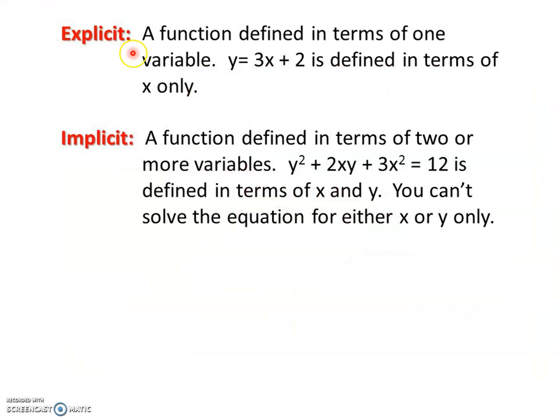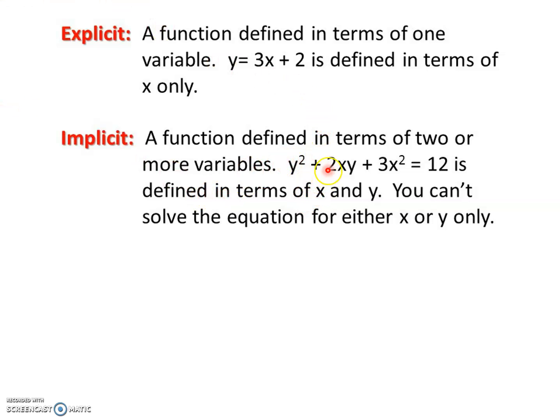Now explicit function. A function defined in terms of one variable, y is equal to 3x plus 2, is defined in terms of x only. That means the left hand side y remains the same, and the right hand side is any term in the form of x, whether trigonometric, logarithmic, exponential, or algebraic, no matter. Implicit function. A function defined in terms of two or more variables, that is x and y are variables and the remaining are constants in mathematics.